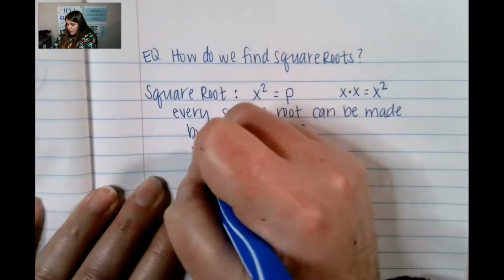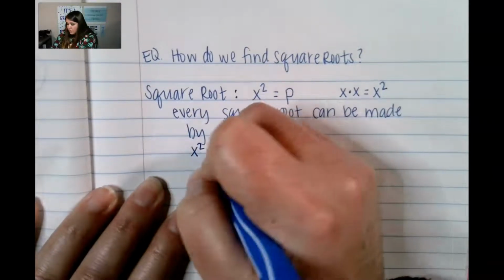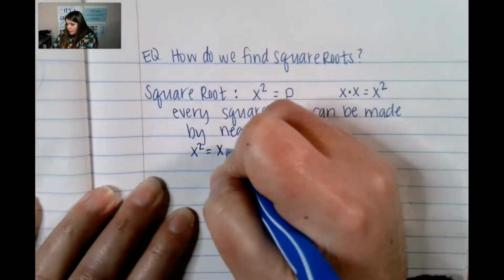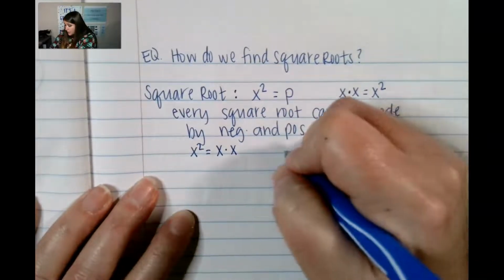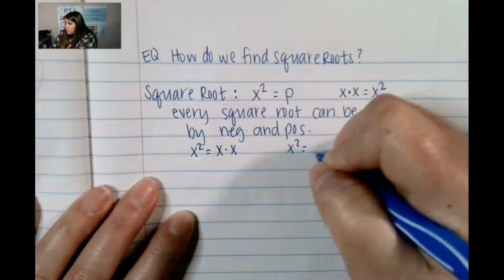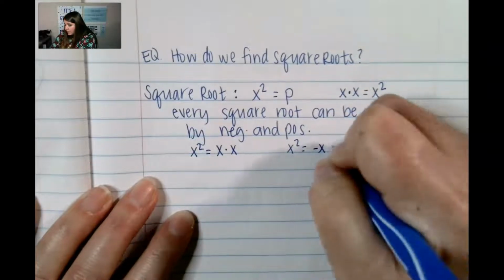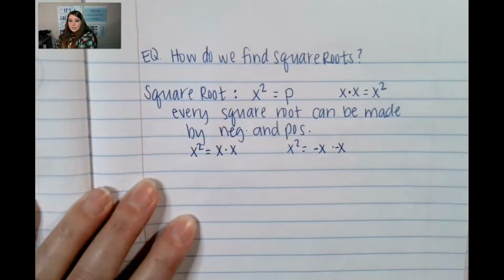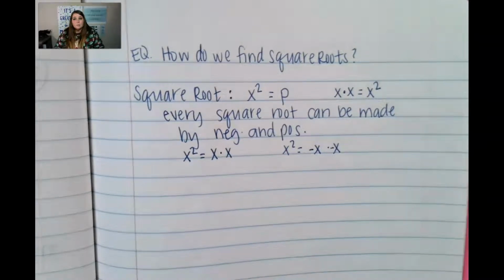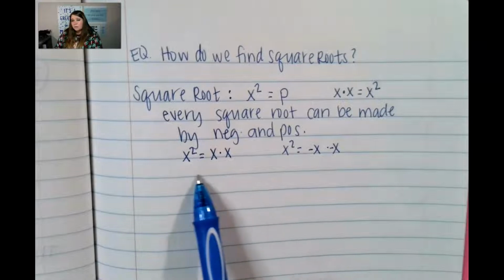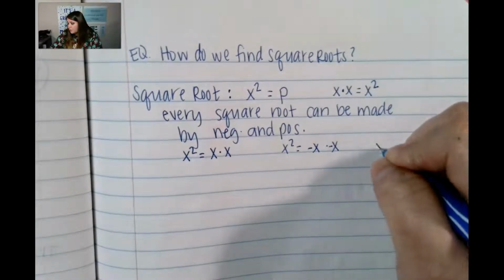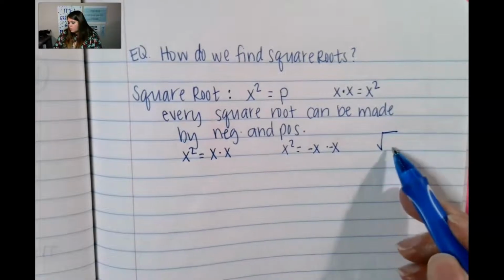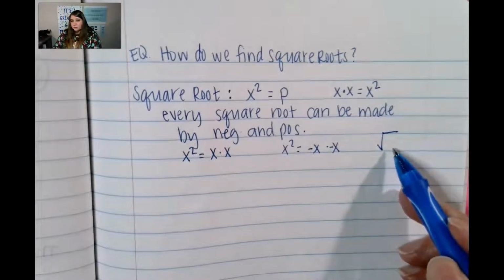Let's say I had x squared. It could be made by x times x, where both of those are positive x's. X squared could also be made by a negative x times a negative x, because we know a negative times a negative would give us a positive. So every square root looks like that. So when we're looking for the square root, we're going to use this symbol here.